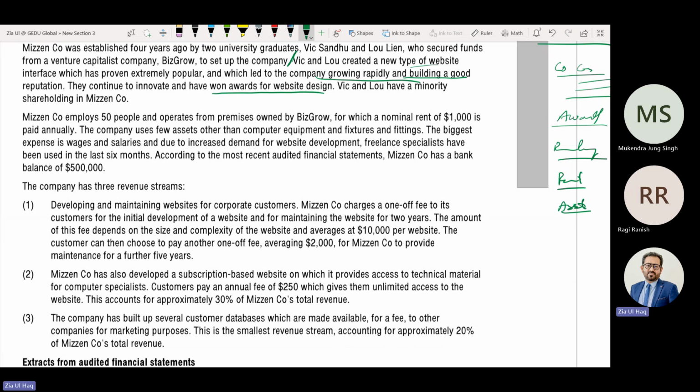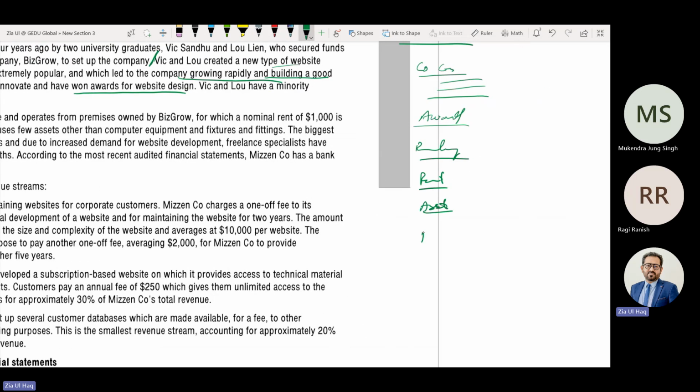The biggest expense is wages and salaries, and due to increased demand for website development, freelance specialists have been used in the last 6 months. Freelance means part-timers. According to the most recent audited financial statements, Mizzen company have a bank balance of 500,000. First, we'll put the heading freelance.